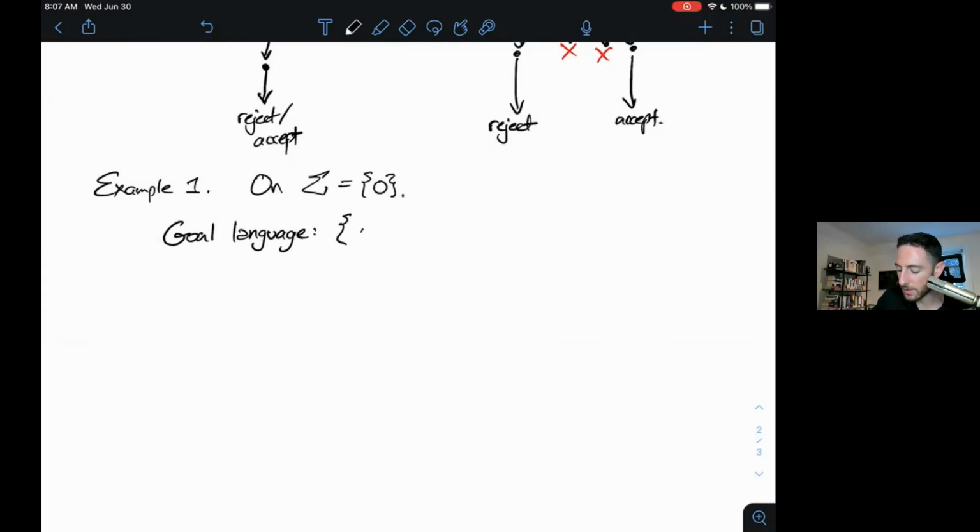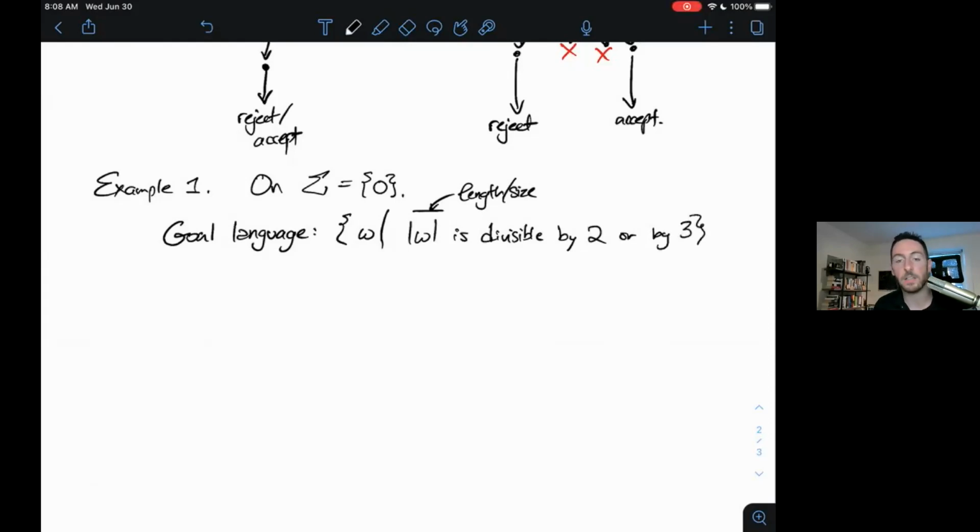The language of all strings W, such that the length of W, so remember this is our little notation for length or size, the length of W is divisible by 2 or by 3. Remember, when we write "or" like this, it's always inclusive OR. So if either one of these conditions hold, we want W to be in our language.